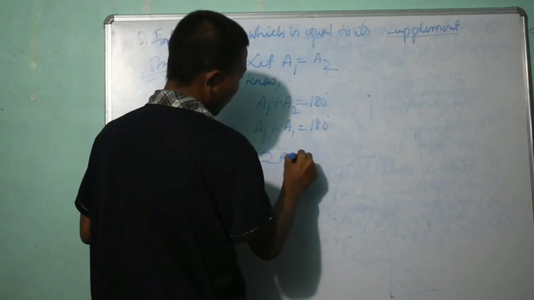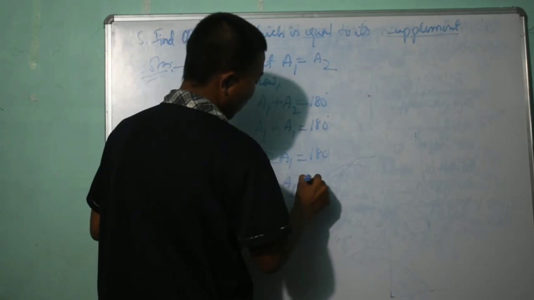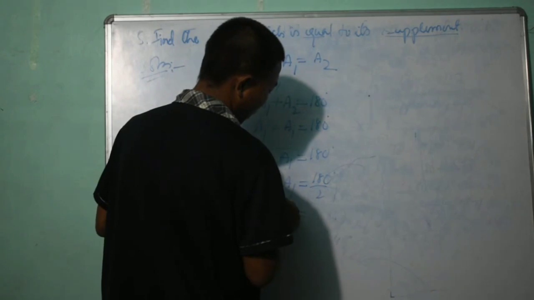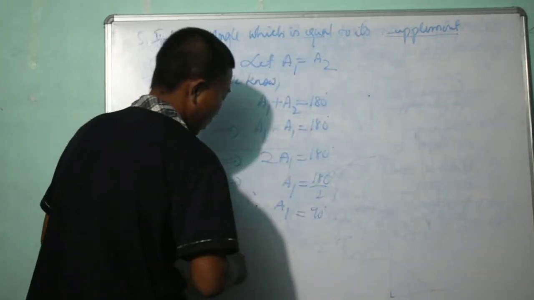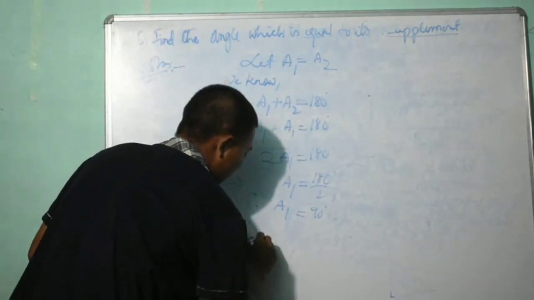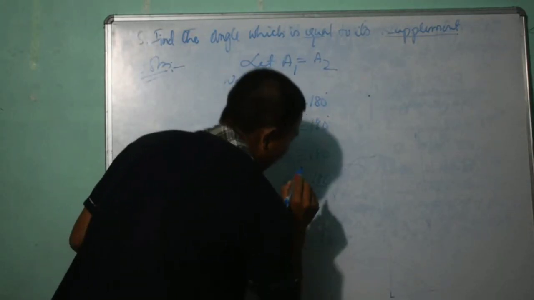Twice of A1 will give 180. A1 equal to 180 by 2. A1 equal to 90 degree. So we know that A1 equal to A2, therefore A1 equal to A2 equal to 90 degree. That's the answer.